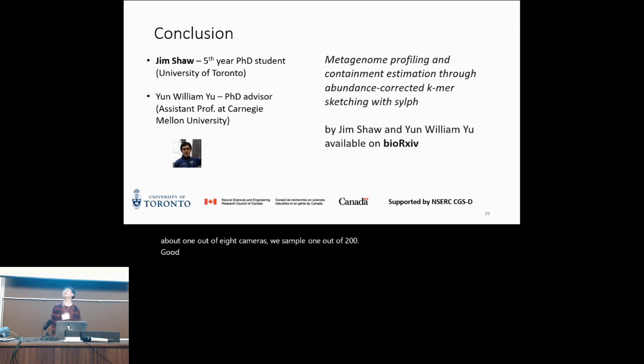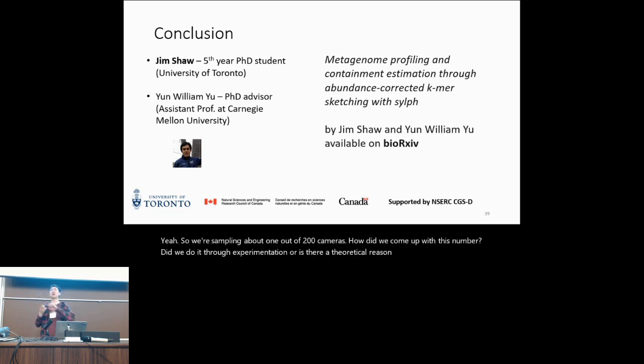I wonder how you came up with the number 200. Is that some part of experimentation, or does it depend on other parameters? Great question. We're sampling about 1 out of 200 k-mers. How did we come up with this number? There are 2 things.